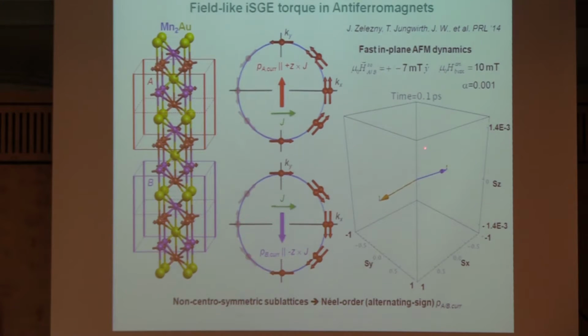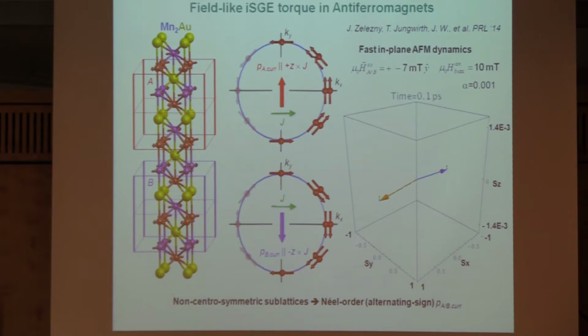As you can see in this simple macrospin simulation with parameters which are typical for this manganese to gold. So you have a uniaxial anisotropy of a few millitesla, and the spin orbit torque field you generate by the current you send through is also just of the order of the anisotropy field, even a bit smaller.